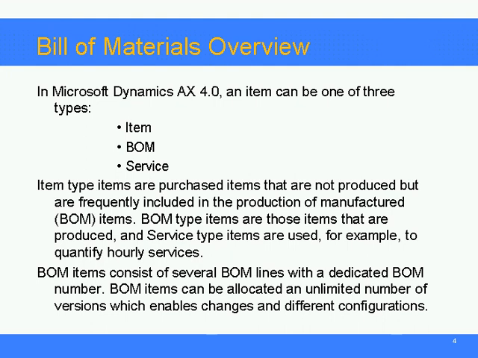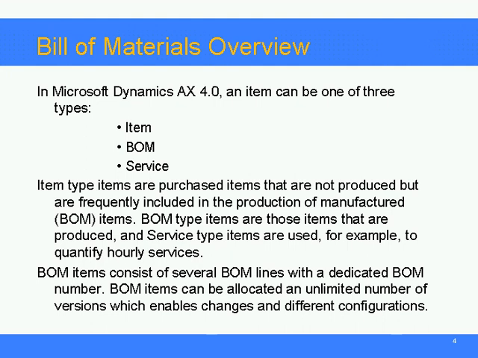Item type items are purchase items that are not produced but are frequently included in the production of manufactured BOM items. BOM type items are those items that are produced, and service type items are used, for example, to quantify hourly service.